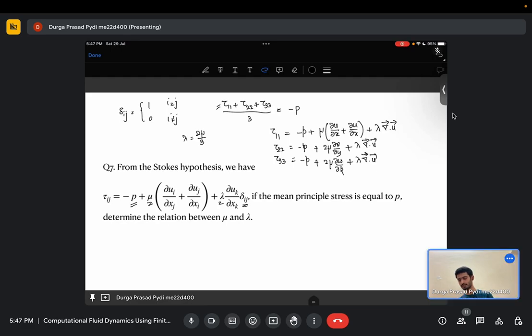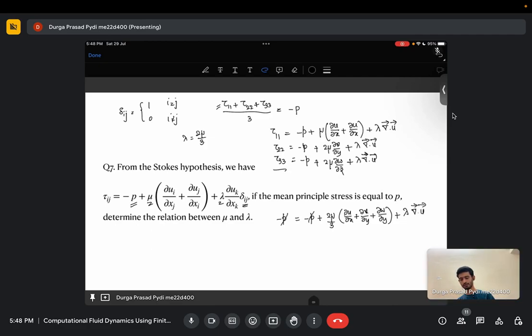So if you just take an average of these quantities, you will get minus p on the left hand side. On the right hand side you will get minus p plus 2 mu by 3 times del u del x plus del v del y plus del w del z, plus lambda times del dot u.